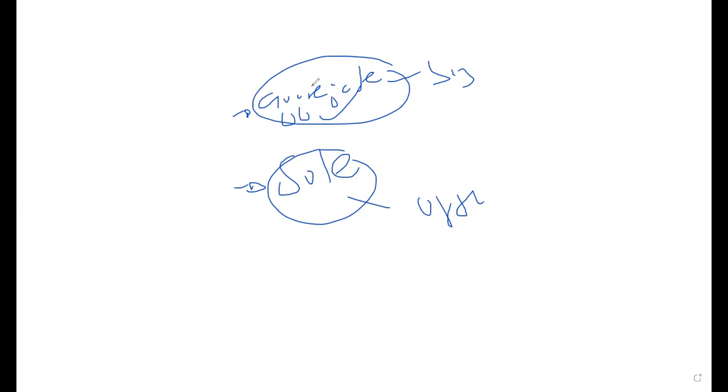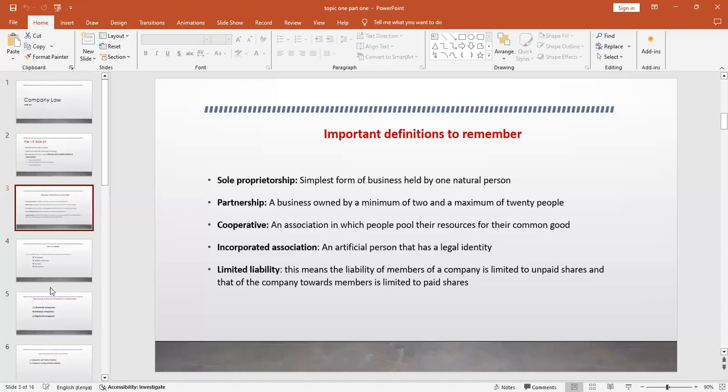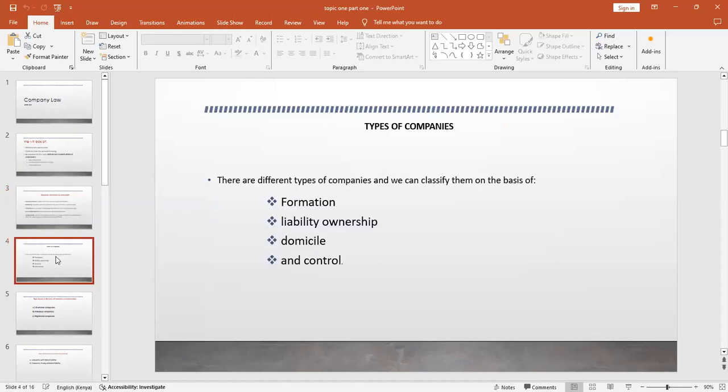It basically has a bunch of advantages. In fact, let's go into that. So when we talk about a company, the things we need to understand here, first of all, is what are the various types of companies that you can have? And you can classify companies according to many things. You can classify companies according to how they are formed.